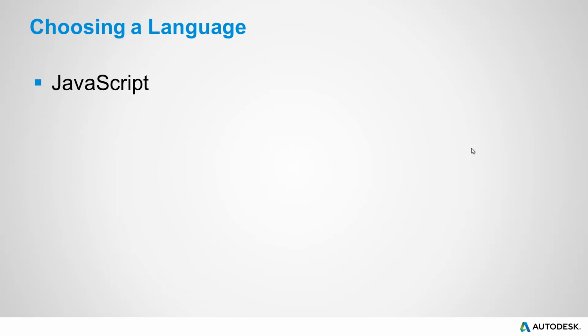All right, so choosing a language. We first added support for JavaScript, and JavaScript was designed to work in a web browser and to react to and drive an HTML page, right? But that's not how it's used in Fusion.